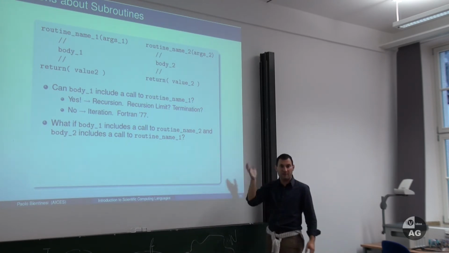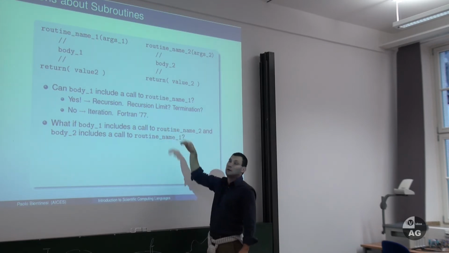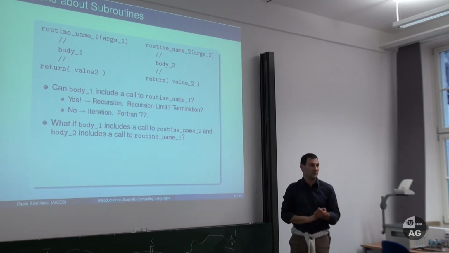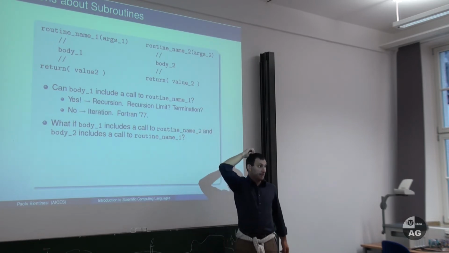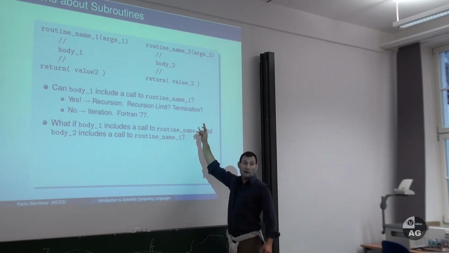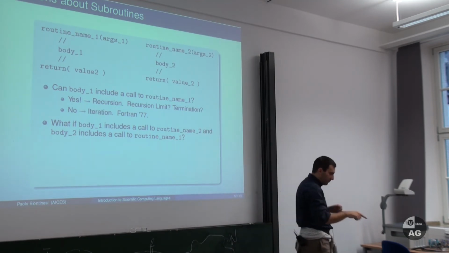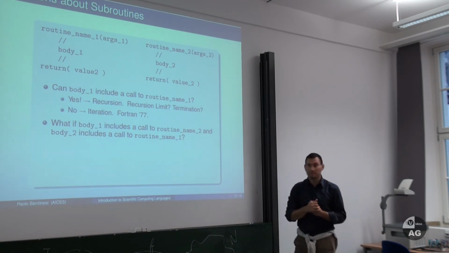Some languages have a global variable, or some environment variable, and they say you can only do that 256 times. After that, your program crashes. Other languages, much smarter than that, allow that to happen only if you are able to provide proof of termination.